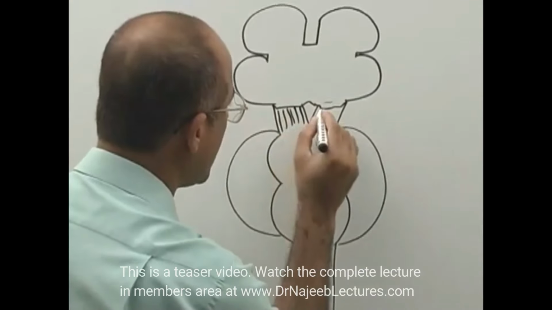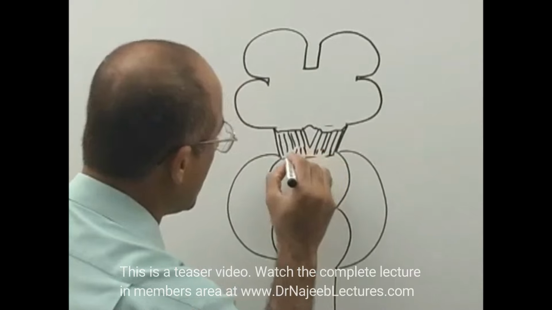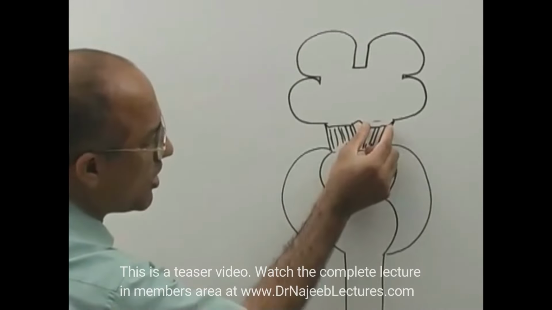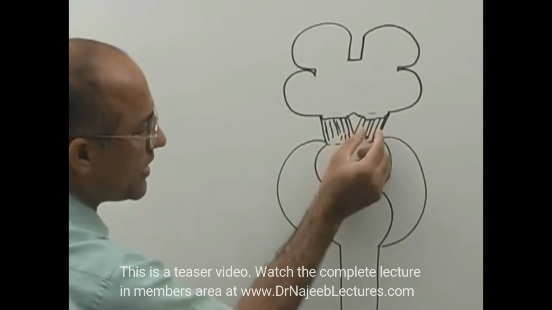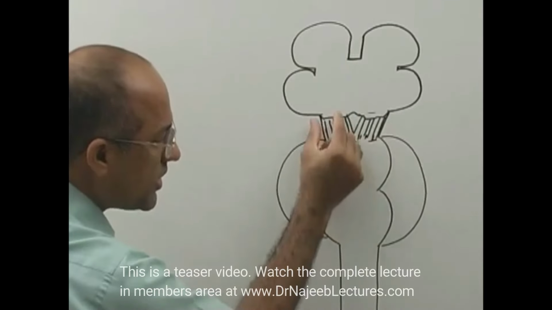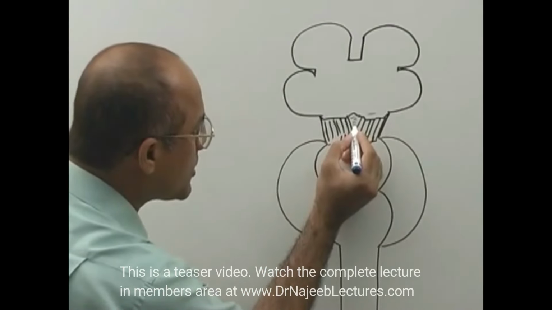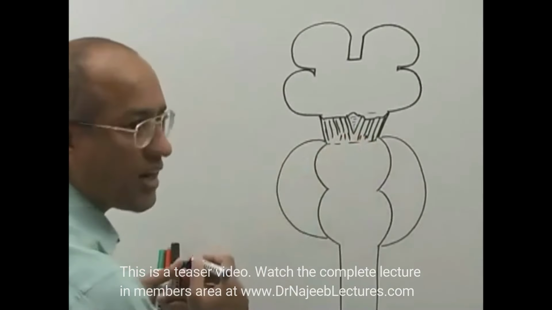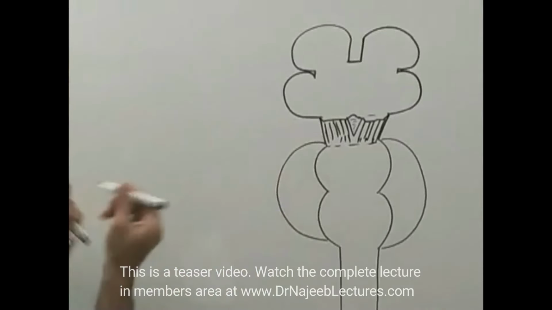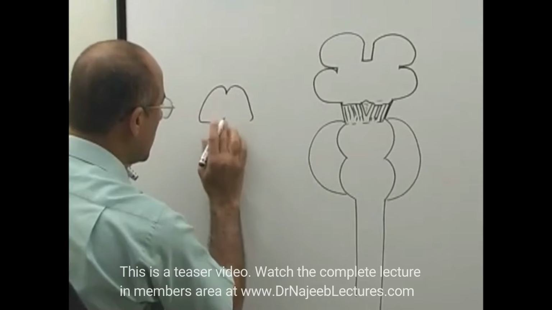From the front, the midbrain looks like this. There is a small elevation on the right side and left side, and these are longitudinal. And between these small elevations, what is this? Interpeduncular fossa.